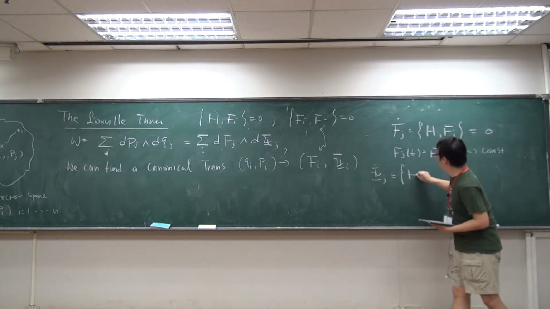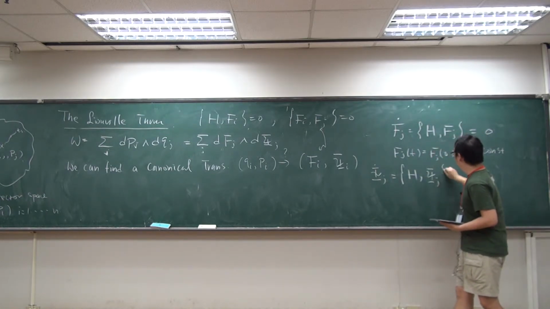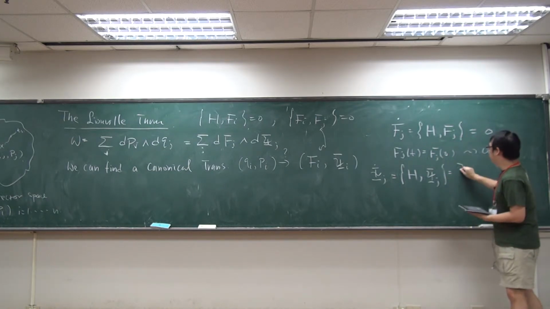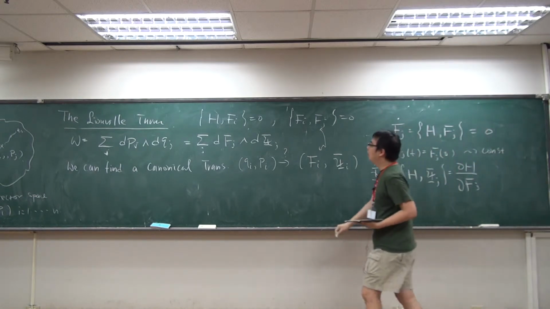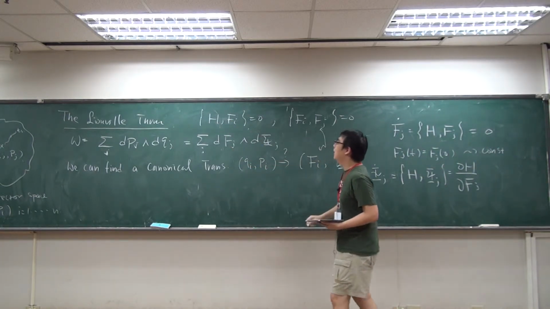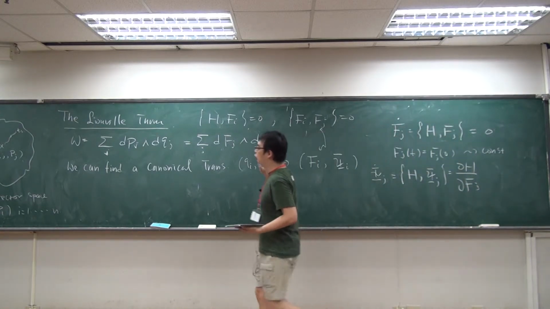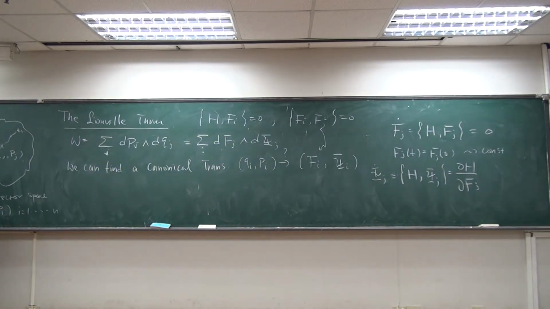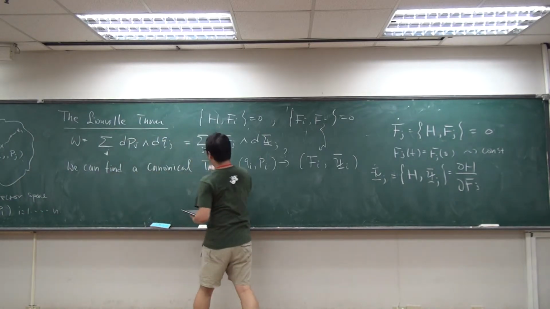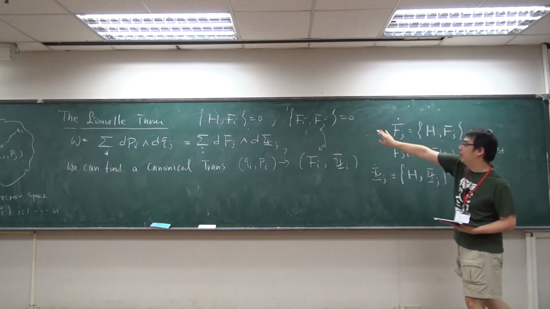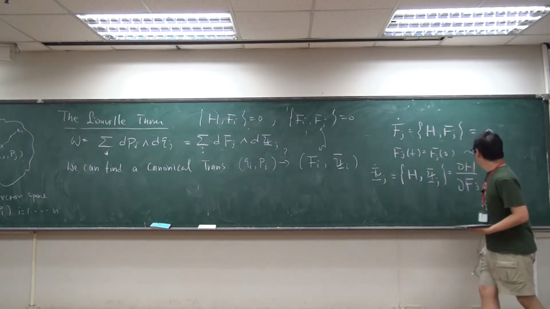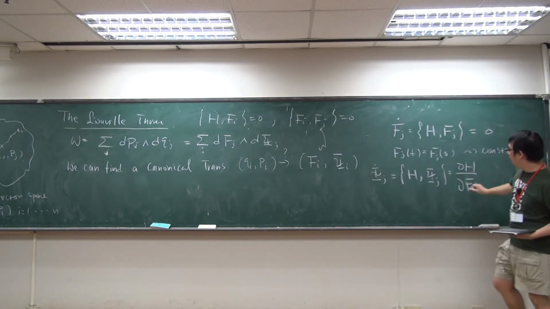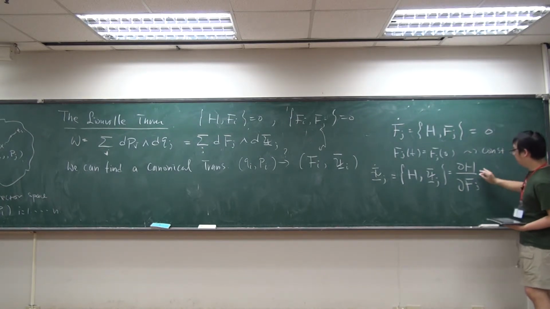If you compute the Poisson bracket, the point is that there's an implicit assumption that the Hamiltonian can be expressed as a function of those conserved quantities F. So if H is a function of F, then because F is constant, this thing is also constant.